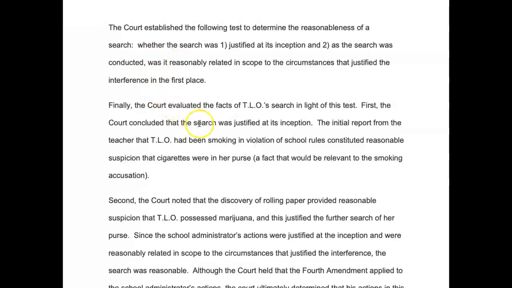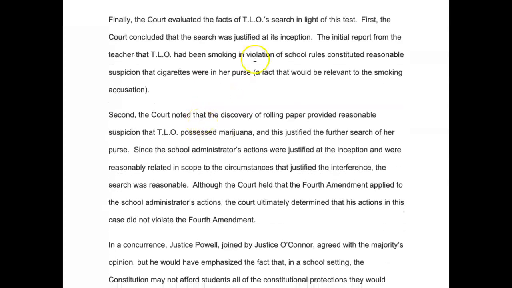And so if you look down here, they evaluated the facts of the search under this test. They said, let's apply TLO to the test that we just came up with. Right? And they said that smoking in violation of school rules constituted reasonable suspicion. One girl admitted they smoked. TLO denied it. The fact that one girl admitted it and there was smoke in the bathroom gives that principal reasonable suspicion to believe that TLO smoked.